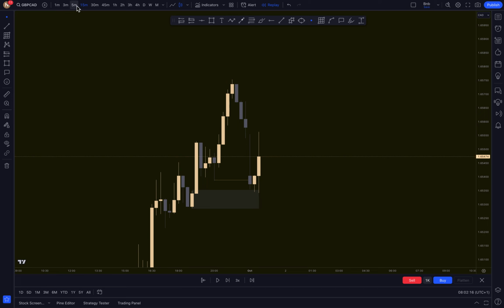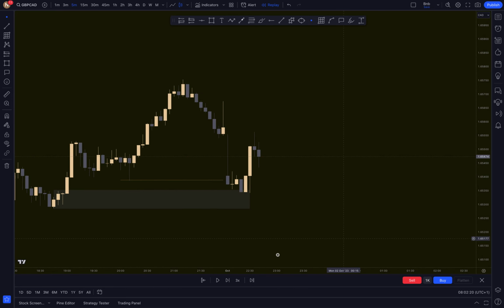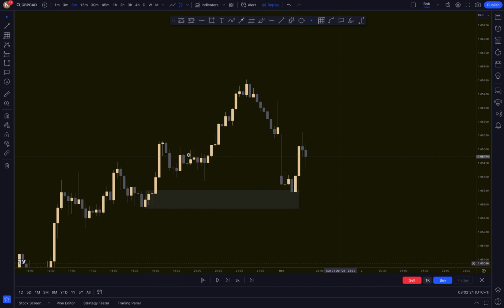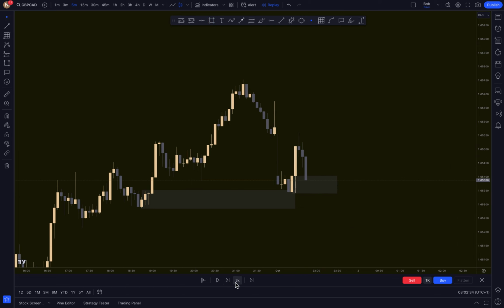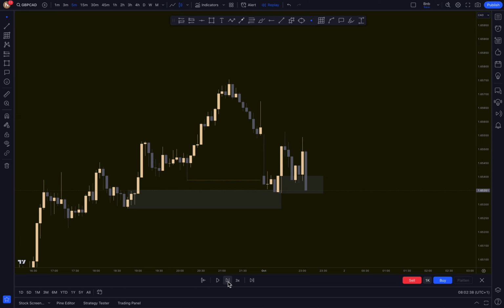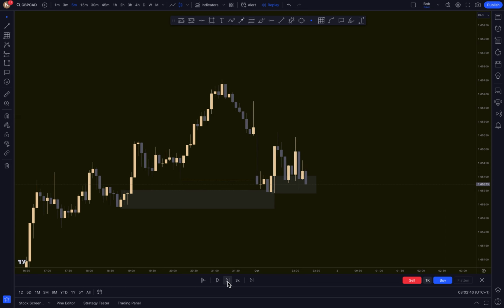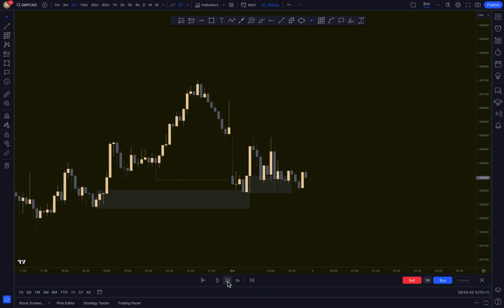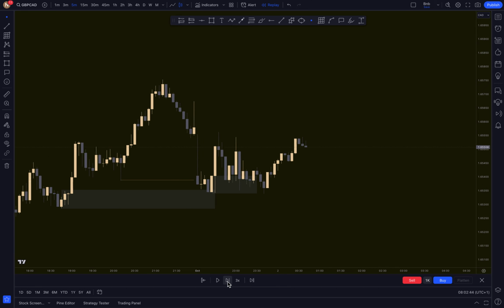Now we go down to the 5 minute chart. Let's see things clearly. Now here, where is our demand zone? Our demand zone is here, right? So price did what? Tapped into our demand zone and did what?